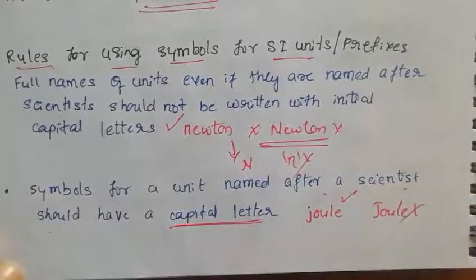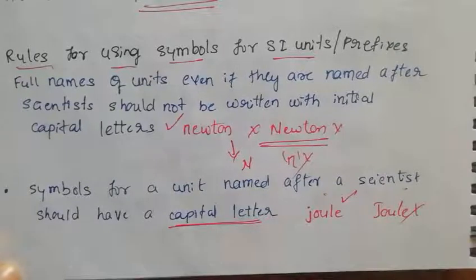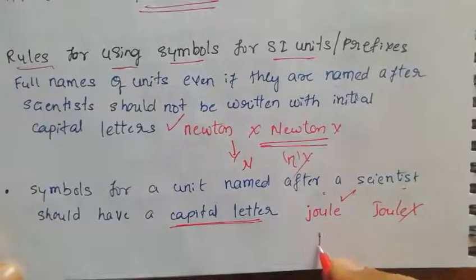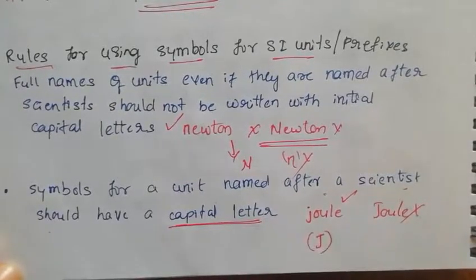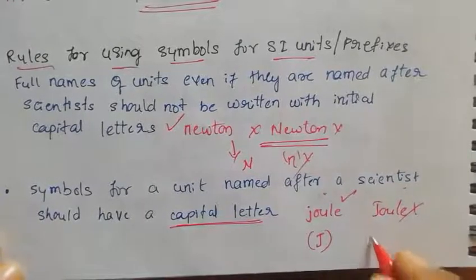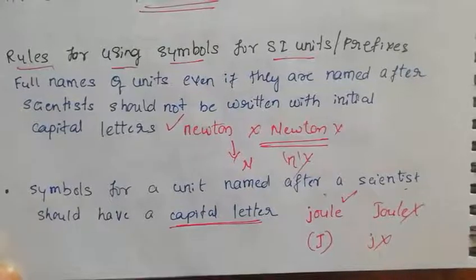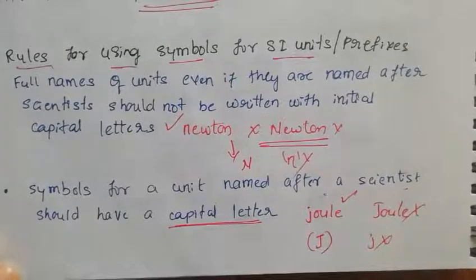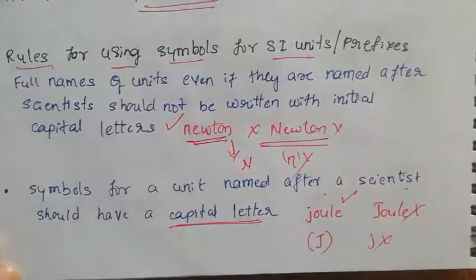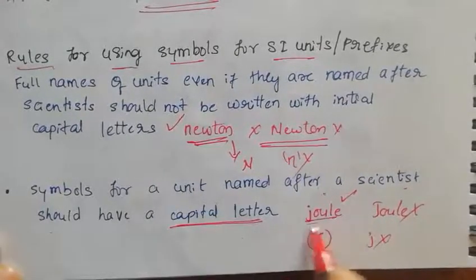But while expressing the symbol, you should write capital J, not small j, which is meaningless. This is a thing you need to remember: using a scientist's name as a unit, if you are writing a symbol, use capital letters; if you are writing a complete name, use small letters.